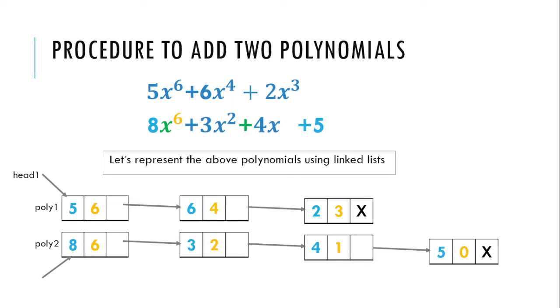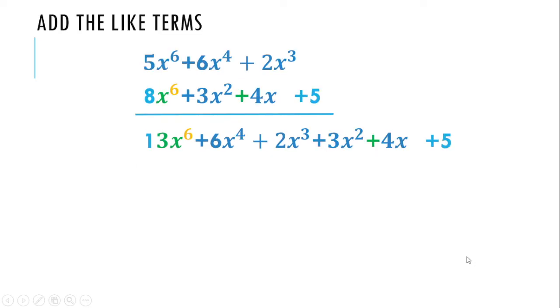Similarly, for the second polynomial, we store the 4 terms of the second polynomial using 4 nodes in a linked list. Head 2 is a pointer to the first node of the second linked list or the second polynomial. The terms are 8x raised to 6, 3x square, 4x raised to 1 and 5x raised to 0. It is represented as given in the figure.